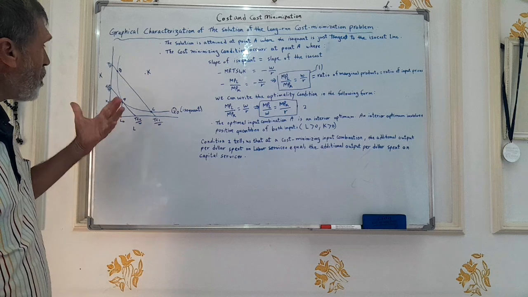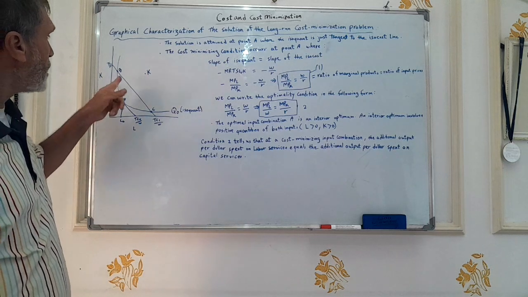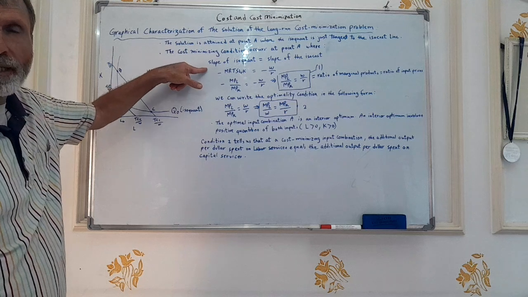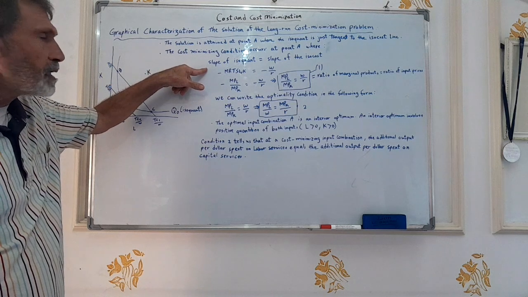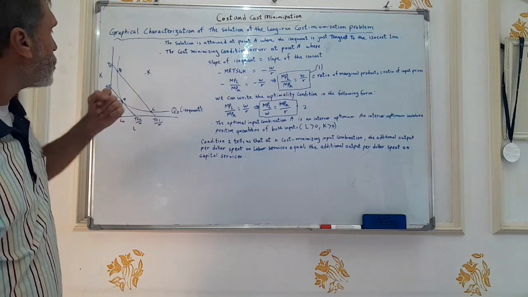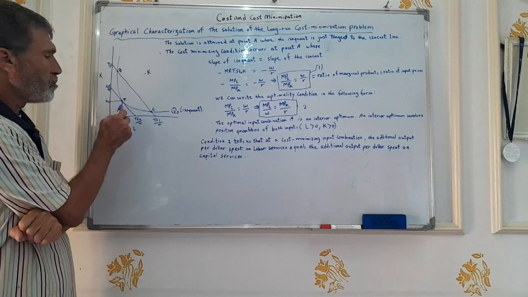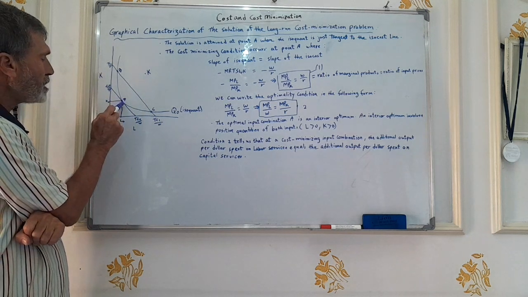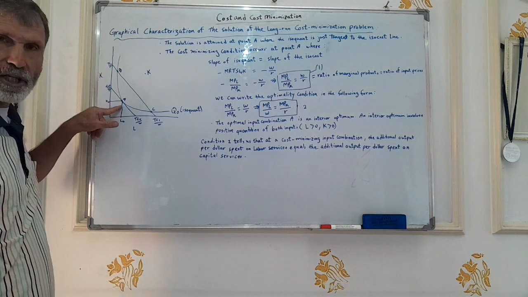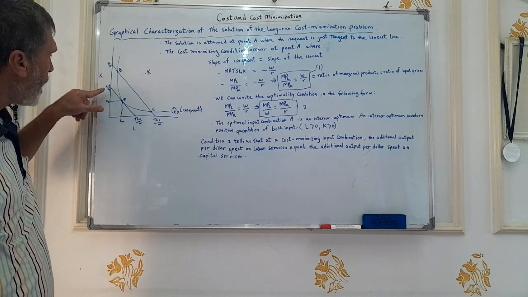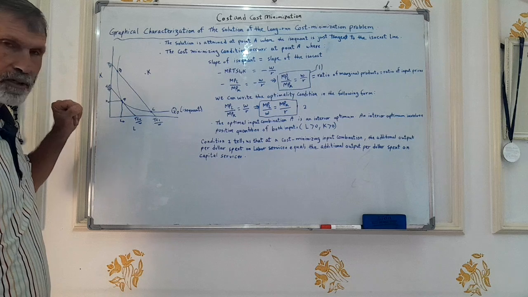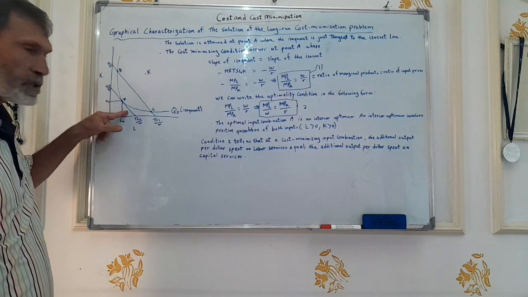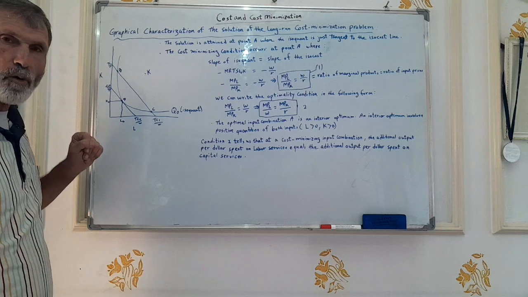Now, we could also prove this mathematically once we go through the derivation of the formulas. At point A, as you can see, it's a point of tangency between the isoquant and the lowest isocost. What does that mean? It means that the slope of the isocost is equal to the slope of the isoquant.